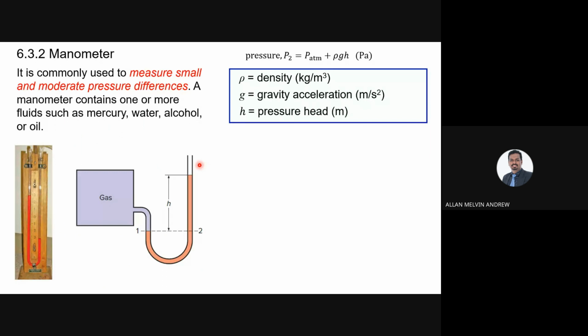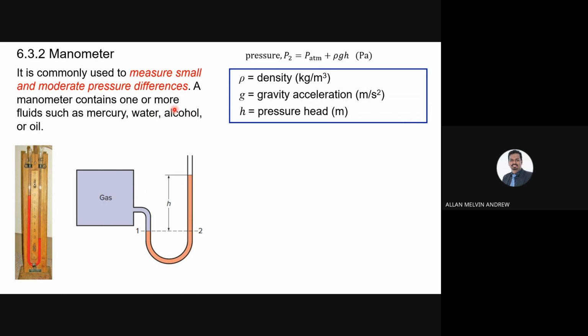Okay, then we have another device we call a manometer. A manometer is commonly used to measure small or moderate pressure differences, because normally the manometer will not be too long. Normally it's just a carrying size.